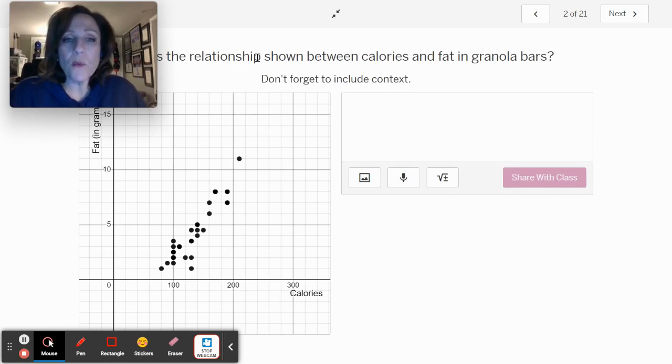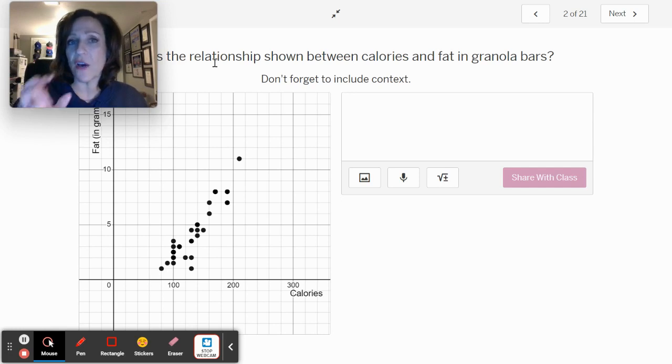What we have here is a relationship, and I didn't set up the story very well. I'll go back and put that in there. We are going to attempt to predict how much fat is in a granola bar just by knowing the general component of its calories. So we're trying to see if we can predict the subgroup of fat content based on the overall total from its calories.